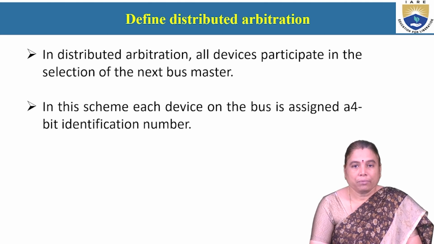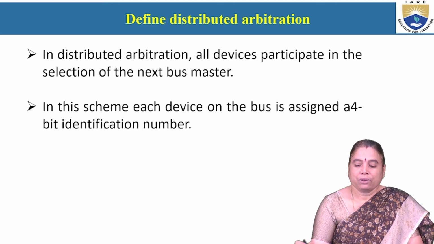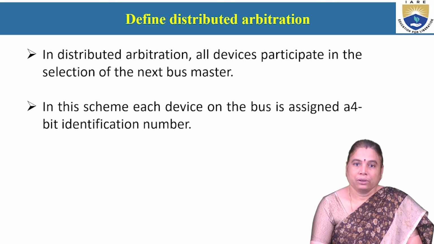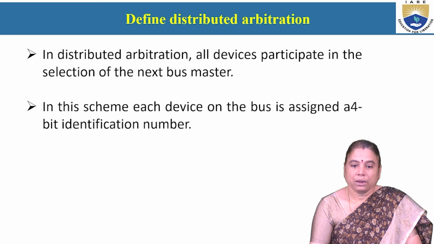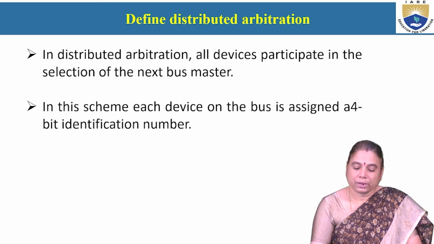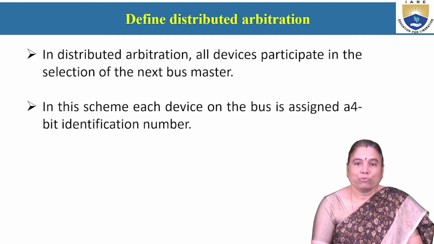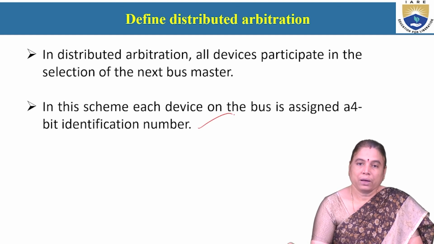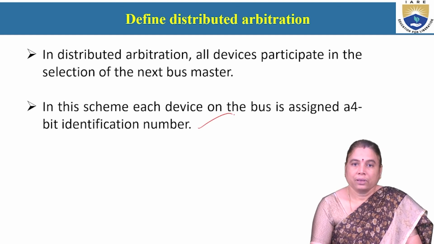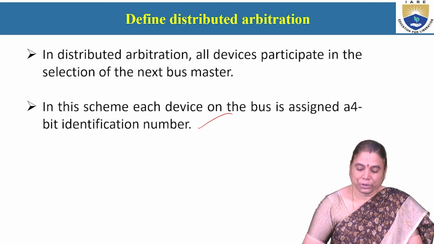In distributed arbitration, all devices participate in the selection of the next bus master. So for the communication, which device has to be elected as the bus master? In this scheme, each device on the bus is assigned a 4-bit identification number in order to recognize the device and it can be elected as the bus master for the communication.